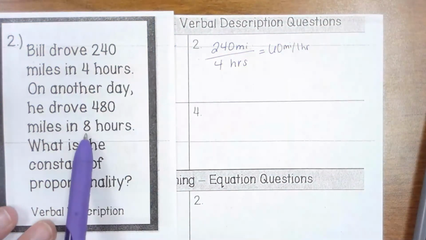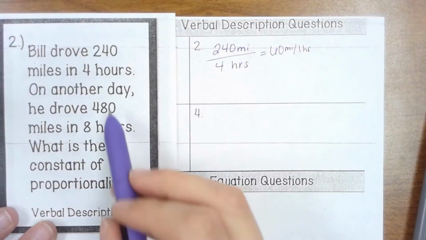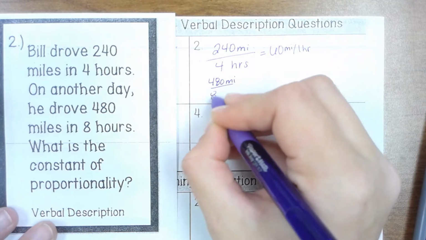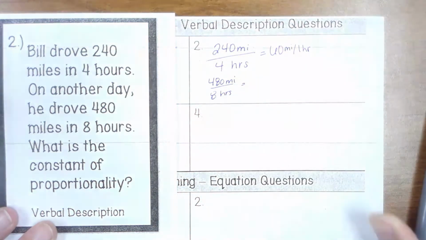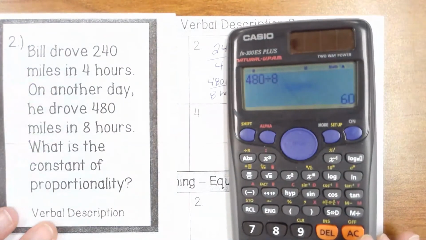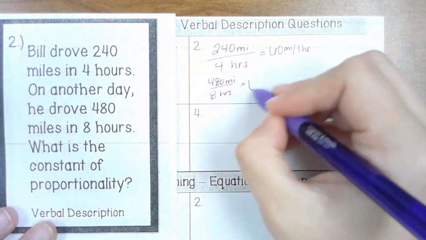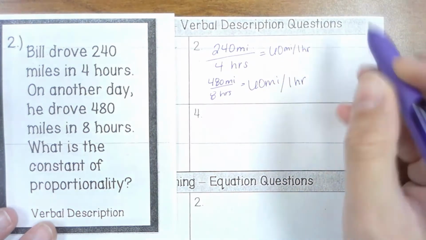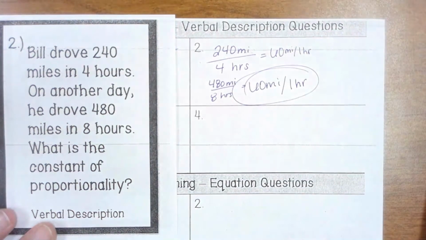Then we can do the same thing just to make sure that it was constant by taking the 480 miles in 8 hours and seeing if we get 60 again. So 480 divided by 8, notice how I do get 60 again. So our constant of proportionality here will be this 60 miles over 1 hour.